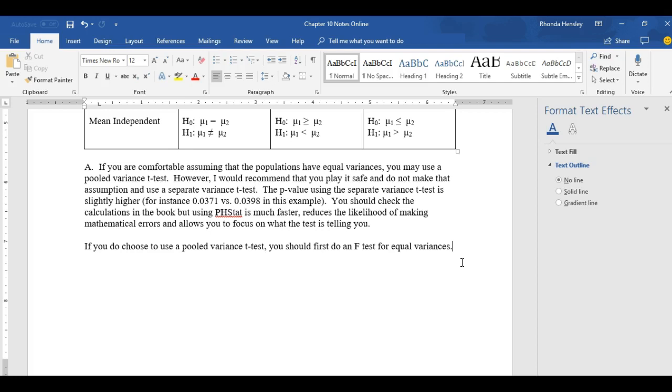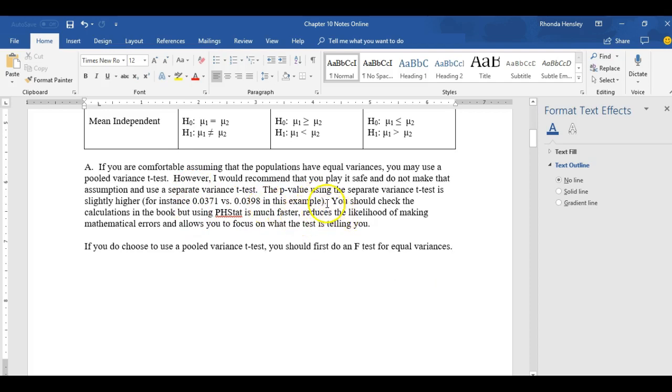For the first example we're going to look at, the p-value if we use a pooled variance t-test is 3.71%, and the p-value if we use this separate variance t-test is 3.98%. So a little bit different, but I would rather be a little more conservative and do it using the separate variance t-test.